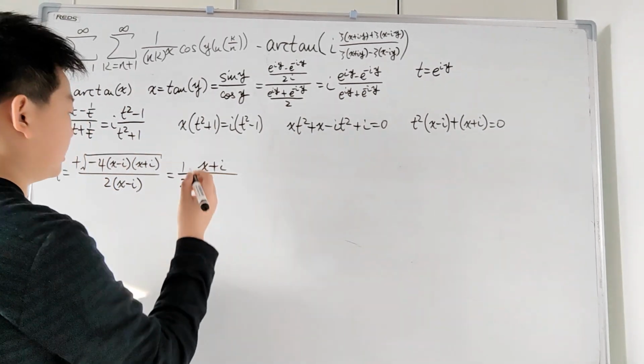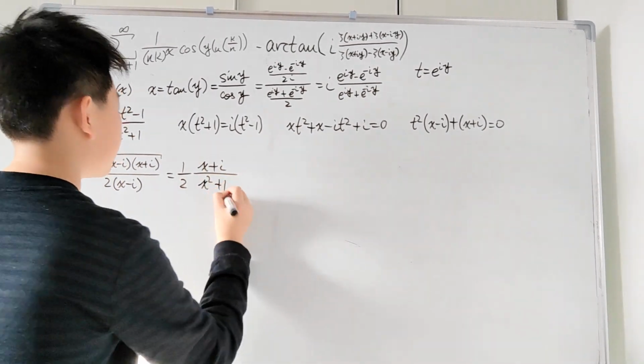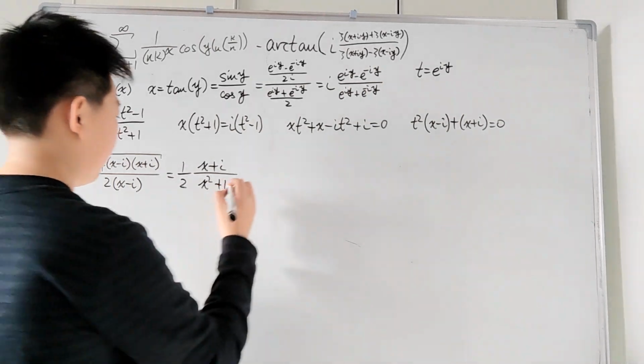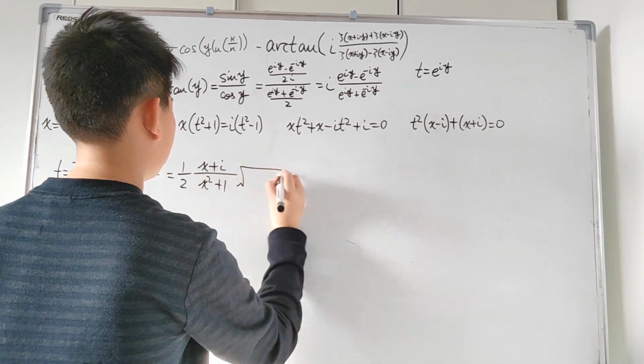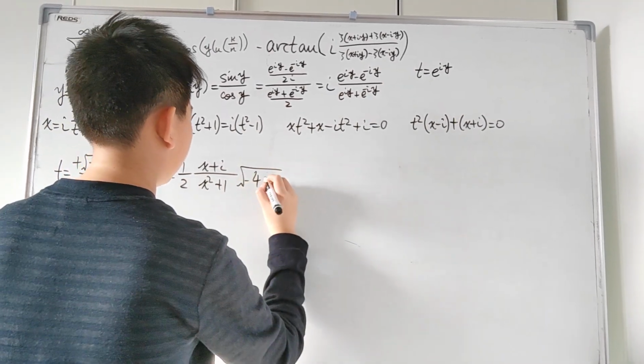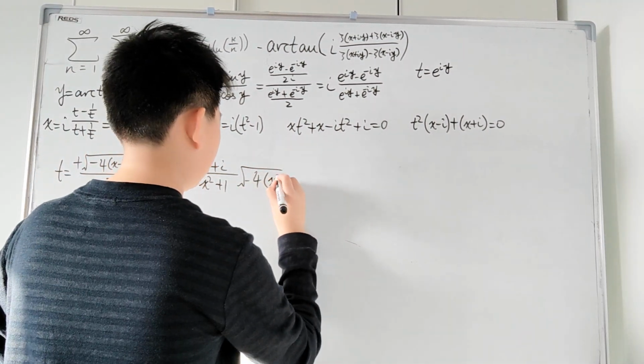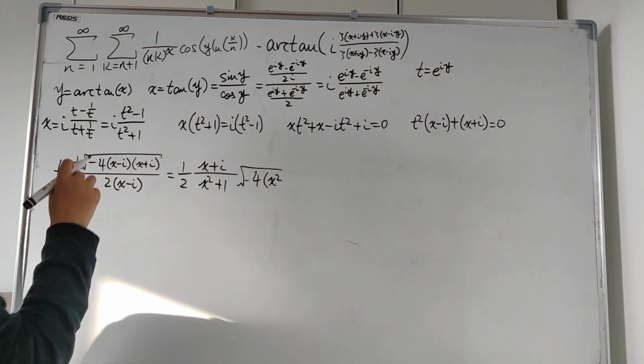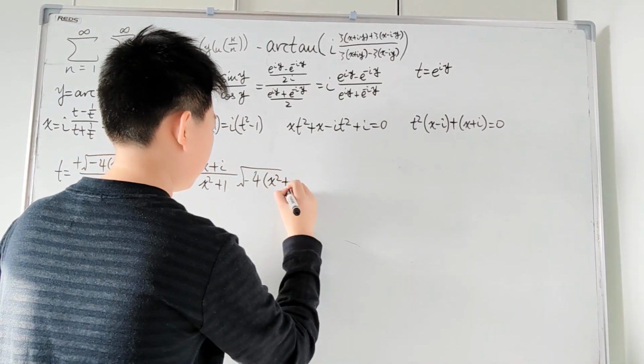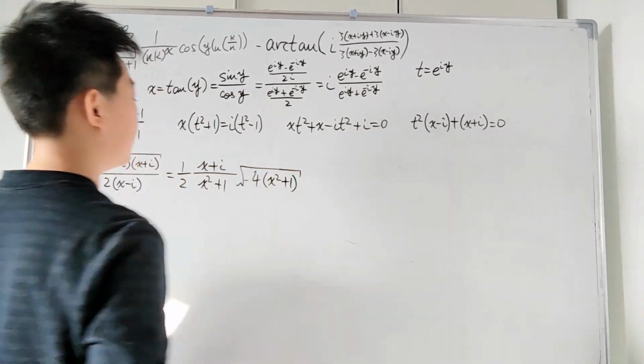So we have x squared minus negative 1, so we have x squared plus 1. And then we have this square root of negative 4 times, once again a difference of squares, x squared minus i squared, which is going to be plus 1 over here.